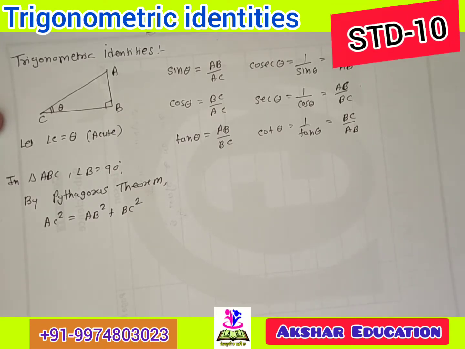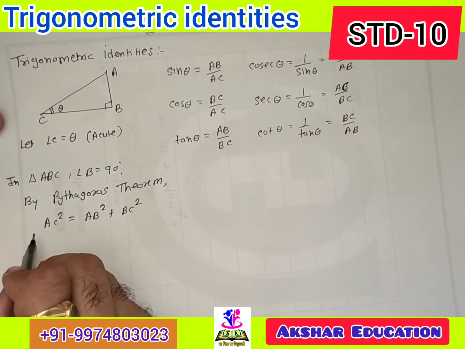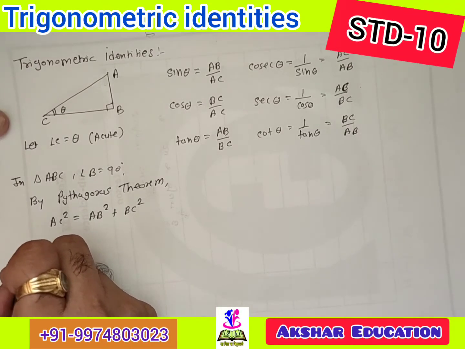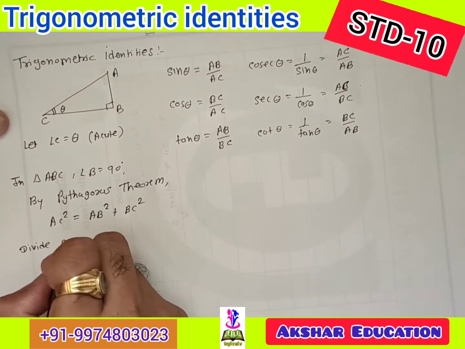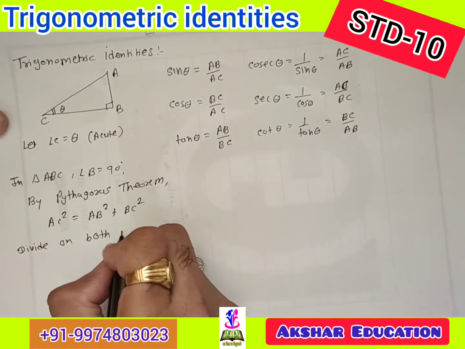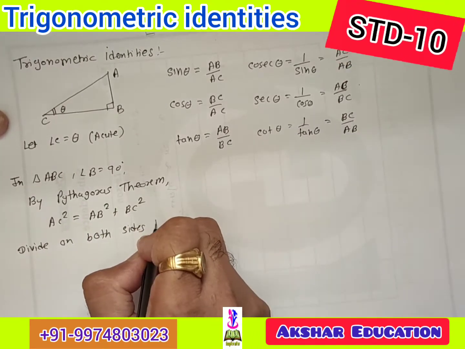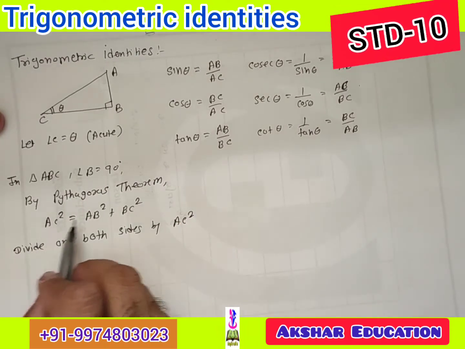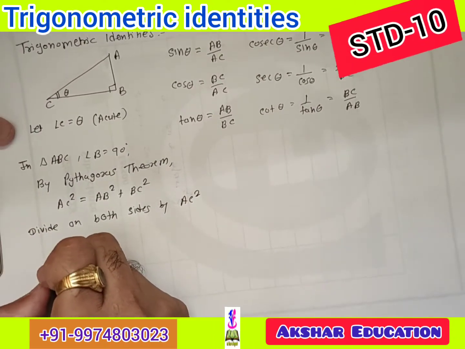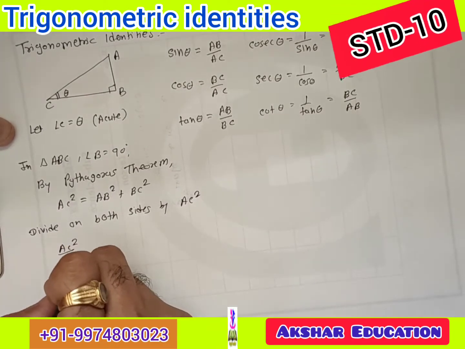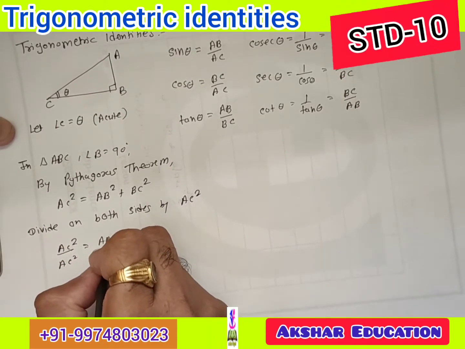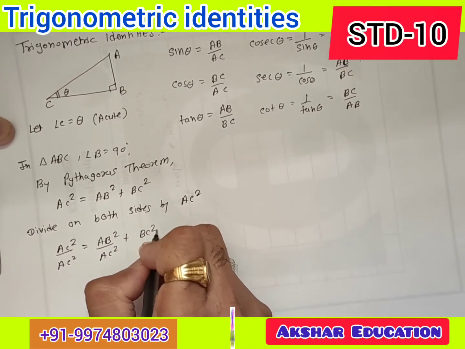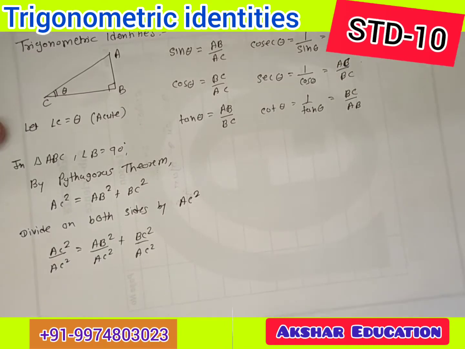Done. Now what we are doing, we are dividing this Pythagoras theorem on both sides by AC squared. So if we divide this equation on both sides by AC square, we are getting AC square by AC square equal to AB square by AC square plus BC square by AC square.